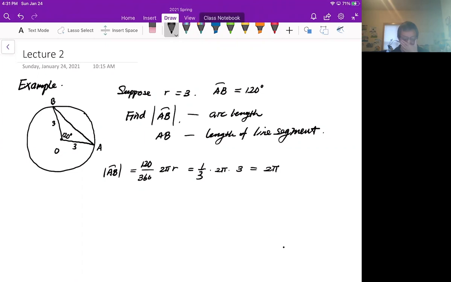That's easy. Second one, how could I get the length of the segment AB?